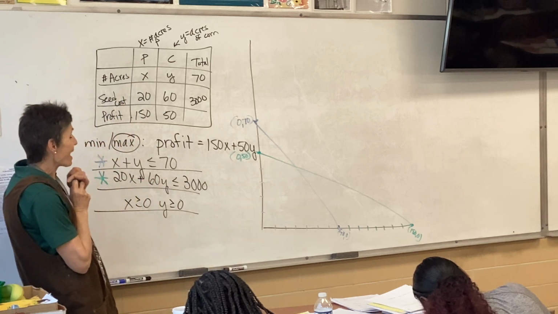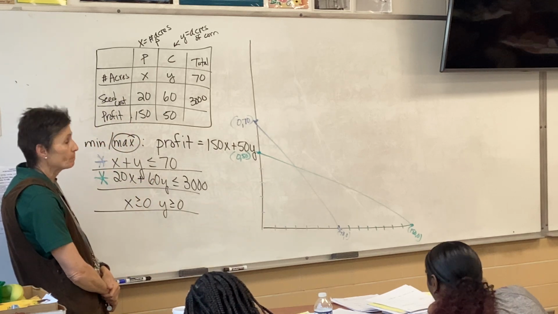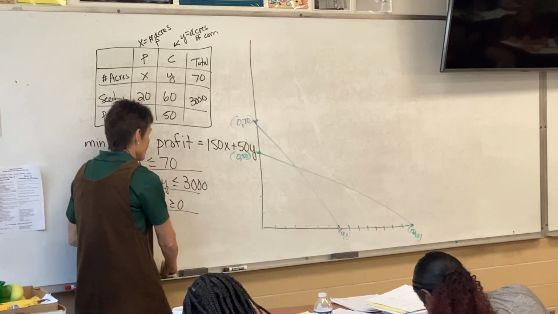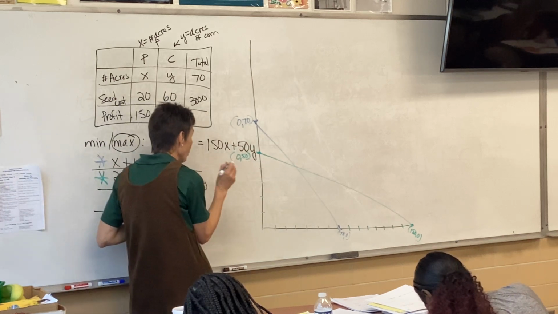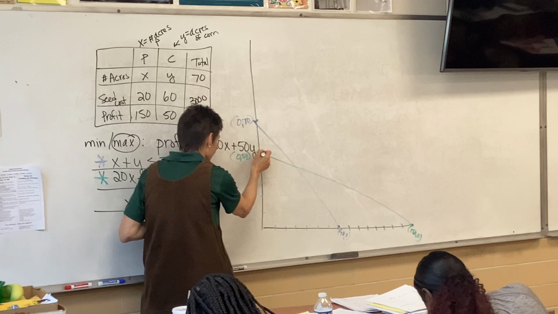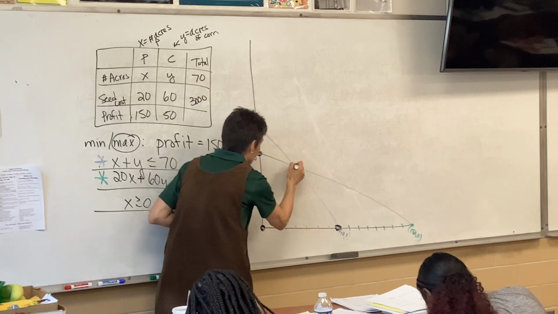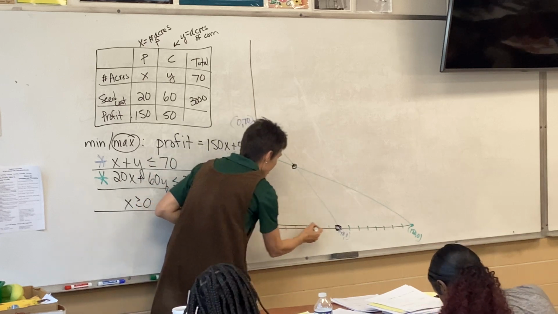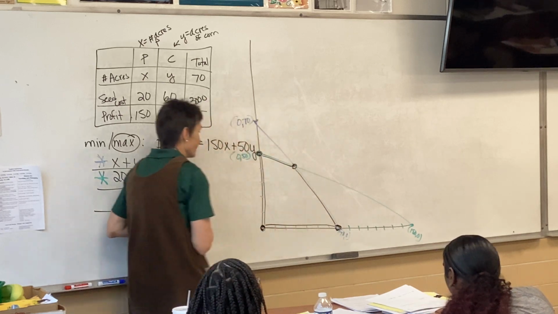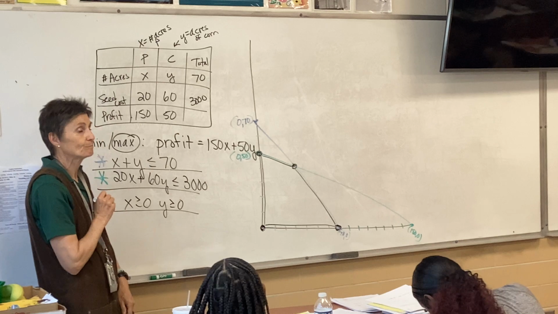And where is that one shaded? Below. So if I have to be below blue and below green, do you think I'm right here in this shape right here? Below blue and below green?